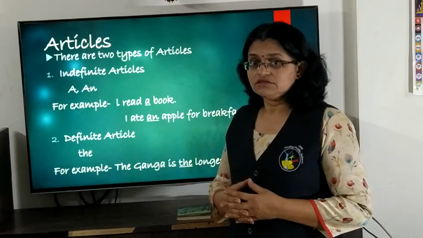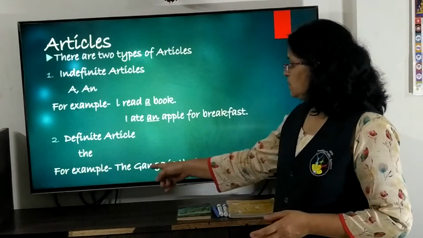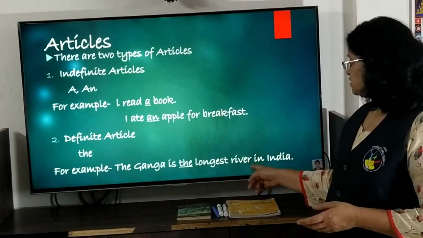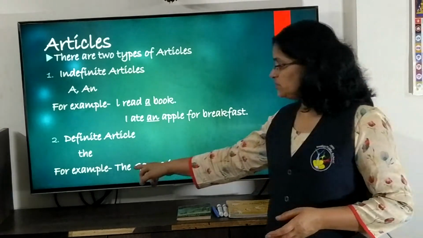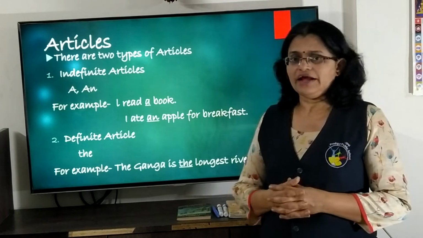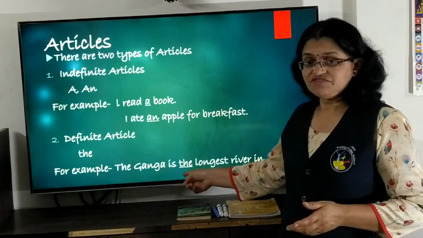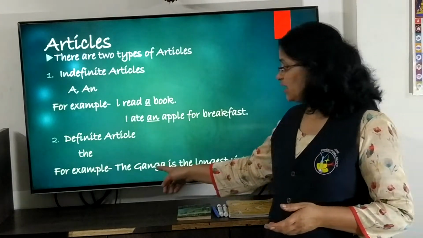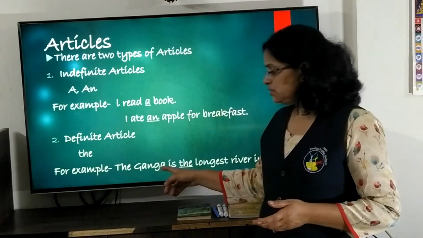Definite article, the. For example, the Ganga is the longest river in India. So both times the is a specific article and it specifies the nouns Ganga and longest. As you know, Ganga is the only river in the world.